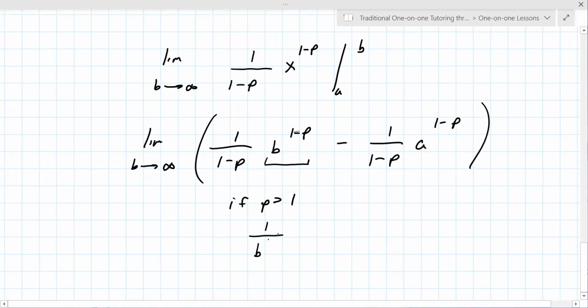Well, we have to negate it, so it's P minus 1. And so this always goes to 0, this 1 over B to the P minus 1. The reason is that if you bring it down to the bottom, you have to negate the exponent. So if P is greater than 1, it looks like this, and this goes to 0. It becomes 1 over 1 minus P times 0, minus 1 over 1 minus P, A to the 1 minus P power. And so it ends up just being this on the right.